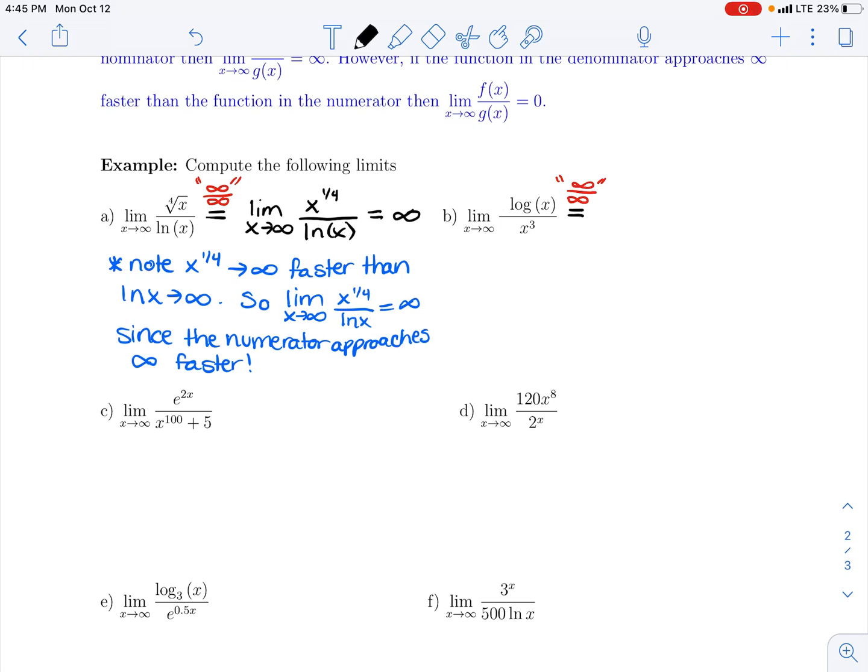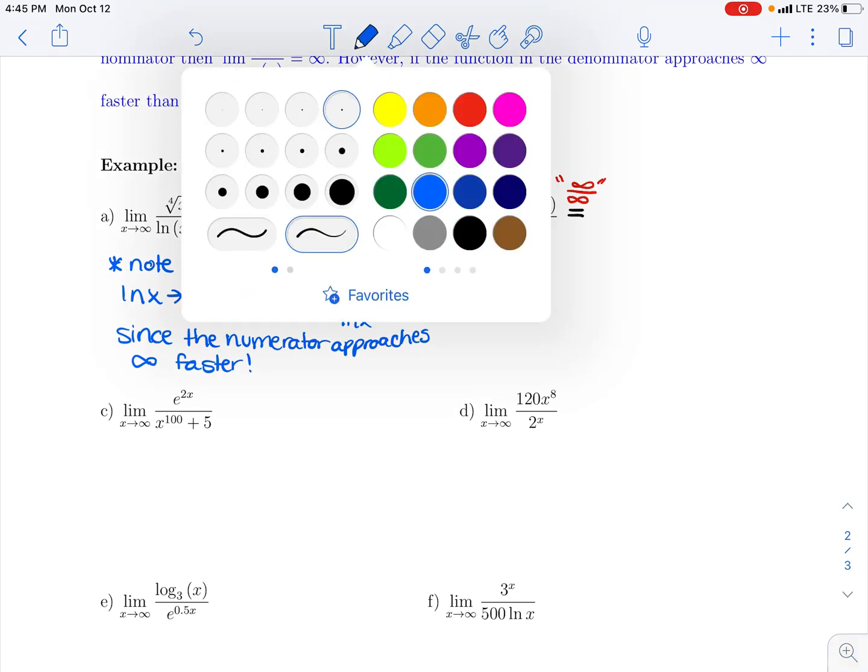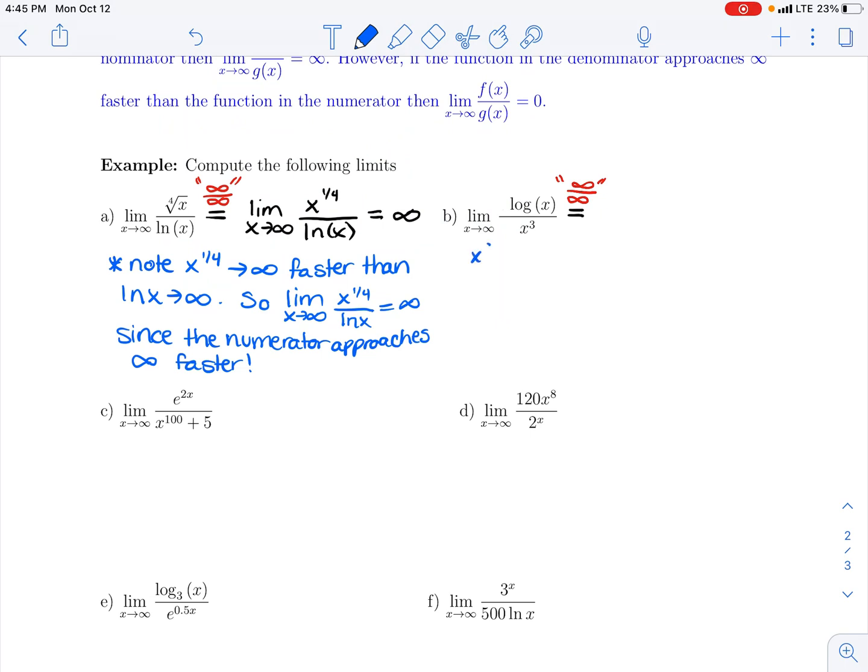Okay, and so like we said in part A, we know that the power function dominates, right? So here I'm going to say x to the third goes to infinity faster than the logarithmic function log of x.